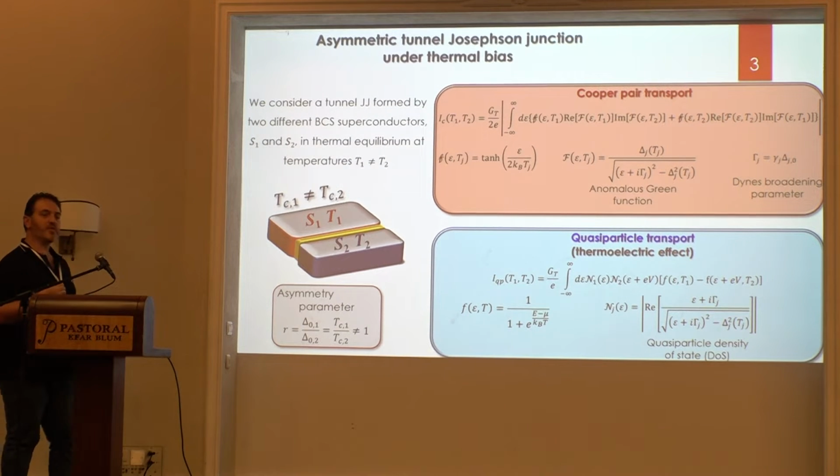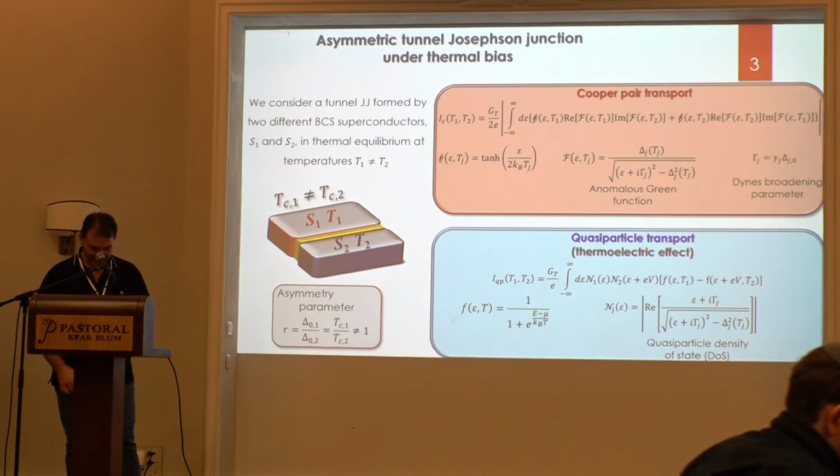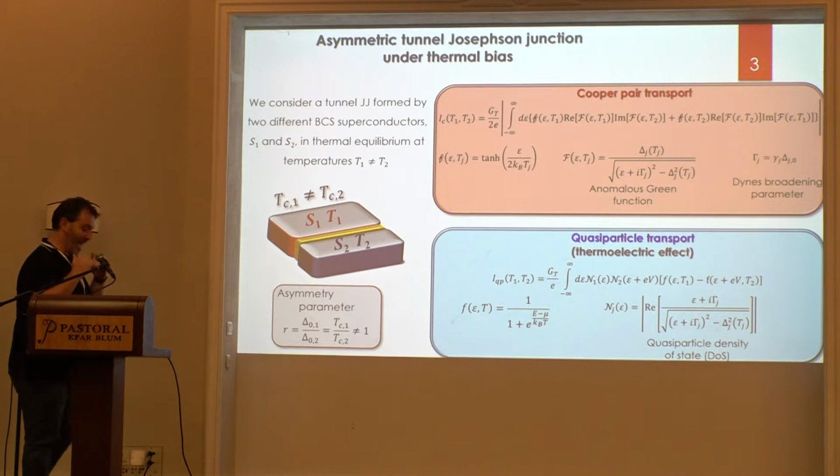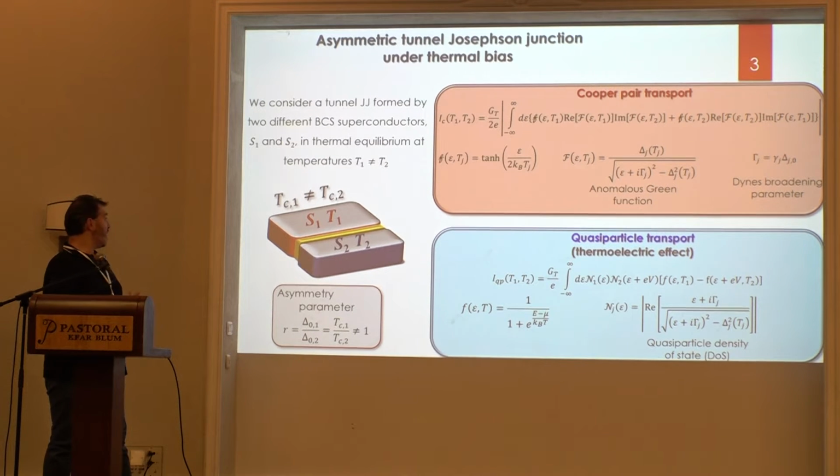But what happens in the case in which the system is asymmetric, in the sense that the superconductors that form the junction are different, and even the temperatures at which the electrodes reside are different? There is a thermal bias in the system.